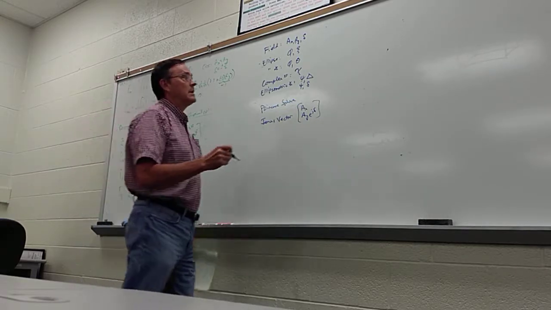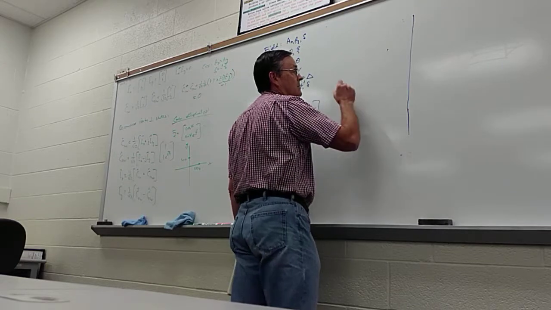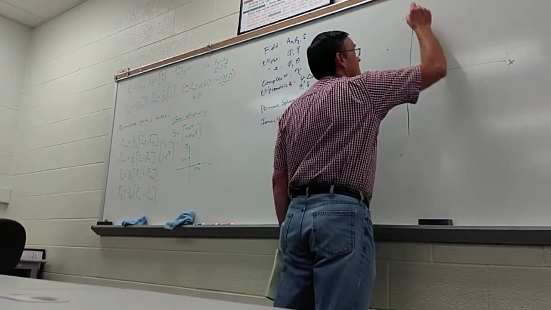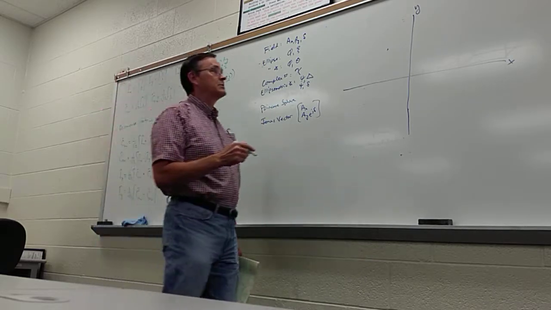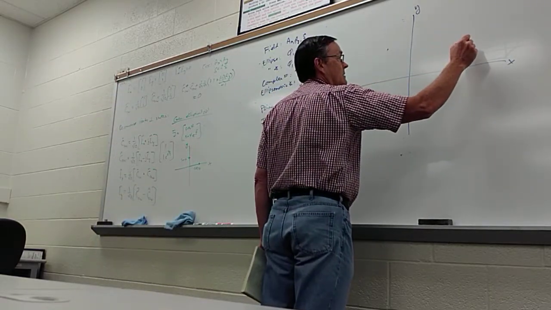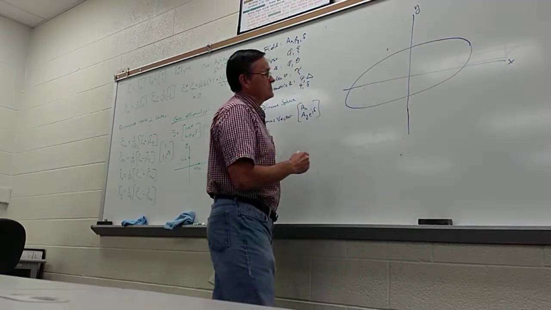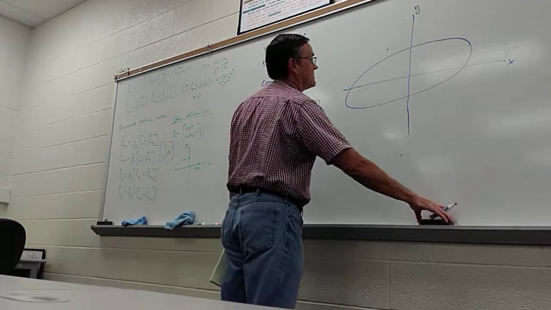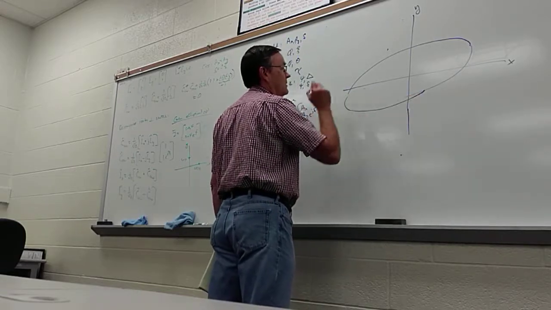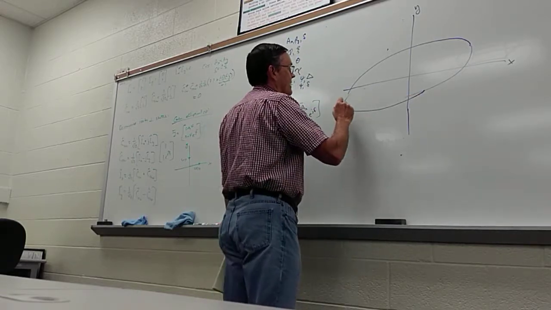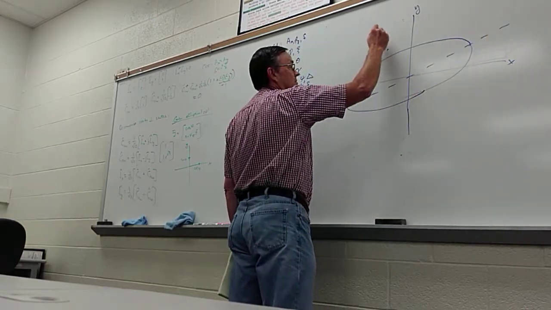Okay, now let's draw the XY plane and some arbitrary elliptical polarization state, say like that. It's not very good. Something like that. And then we have the semi-major axis.